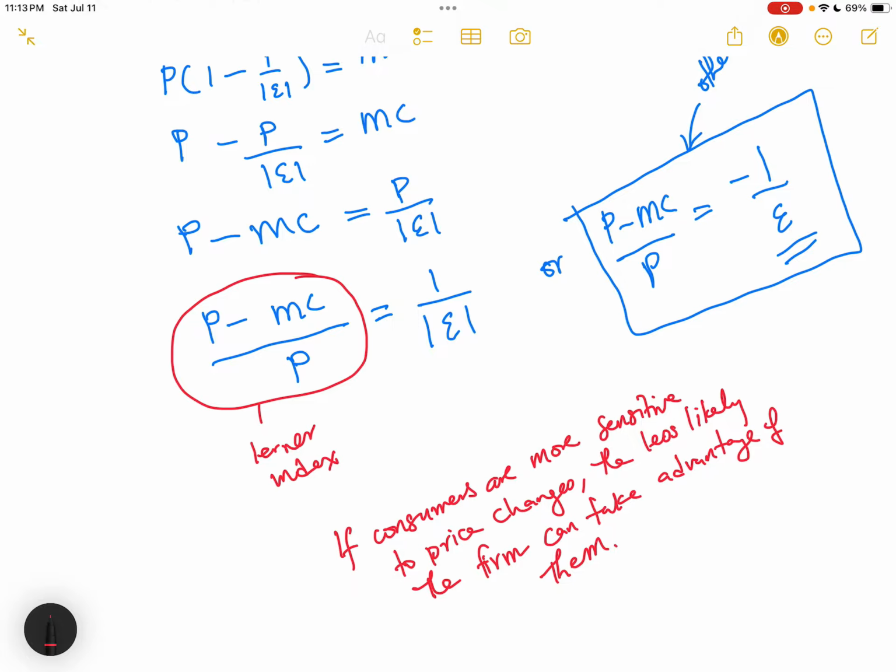The larger the Lerner index, the larger the firm's market power. The smaller the Lerner index, the smaller the firm's market power.